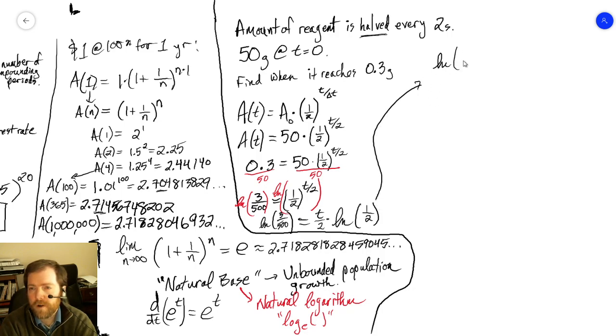So the natural log of 3/500ths divided by natural log of 1/2. And we can multiply both sides by 2 in order to get rid of that 2. And that's equal to t.